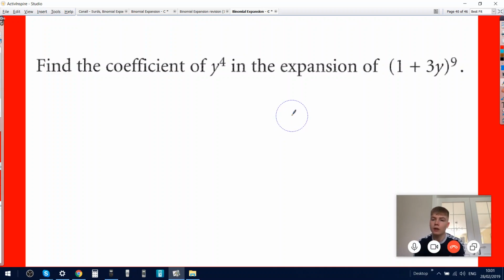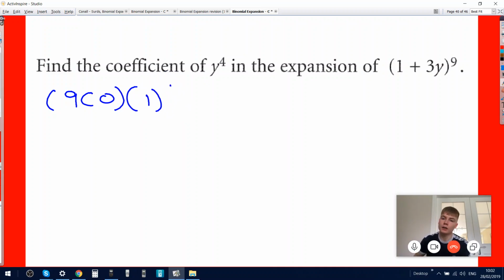You start off with 9C0, and then 1 to the 9, and then 3y to the 0.